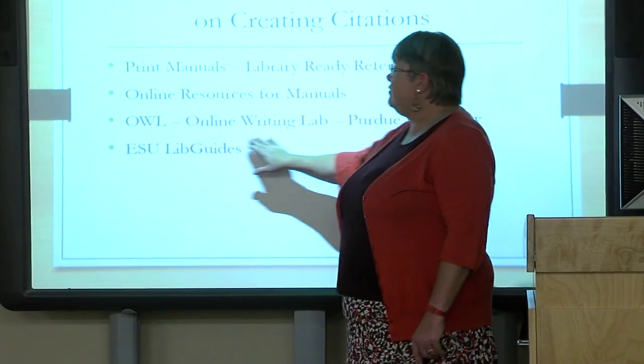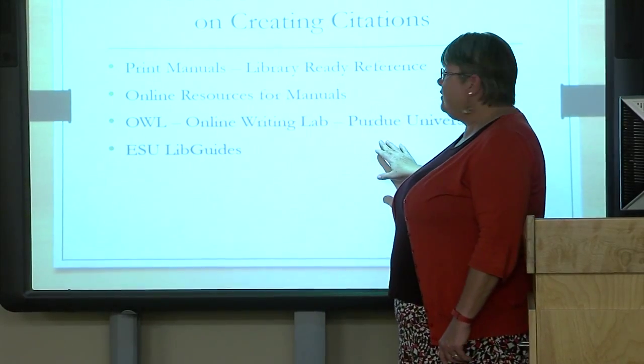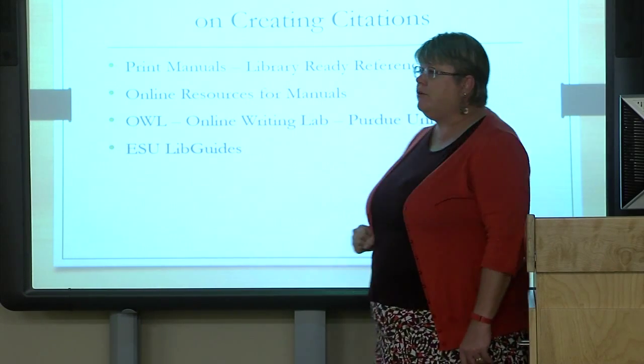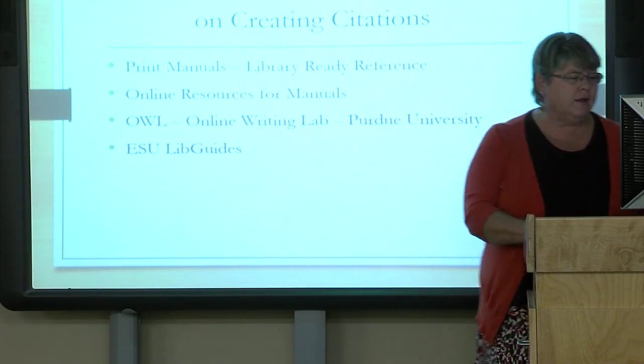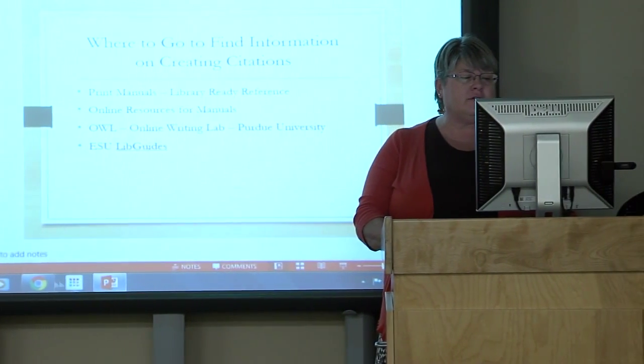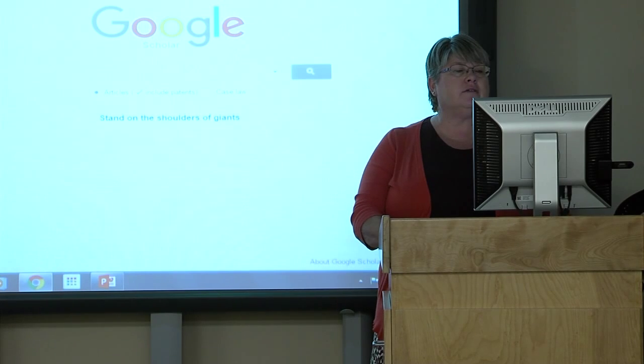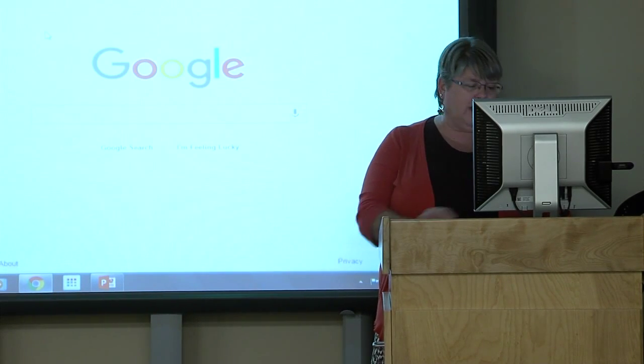One place that I use a lot is the OWL, the Online Writing Lab from Purdue University. And I've given you the URL for that. A lot of times what I will do is I will just jump in and Google OWL.